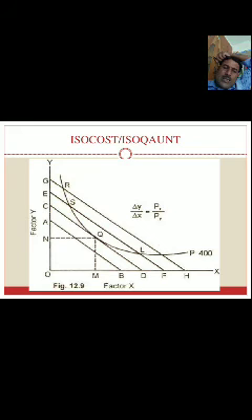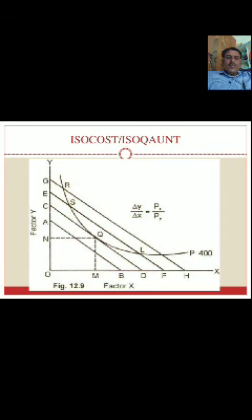But at the combinations R and S, the marginal rate of technical substitution is greater than price of labor by price of capital. That's why these are not equilibrium points. Here the isocost line and isoquant are not tangent, they intersect each other.